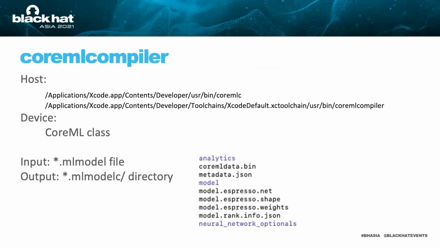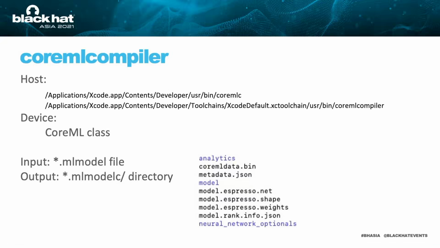The CoreML compiler not only exists on the host, but also in Apple devices. If you include a static ML model file when developing an app, Xcode will use its own CoreML compiler to directly include the compiled folder into the app file.